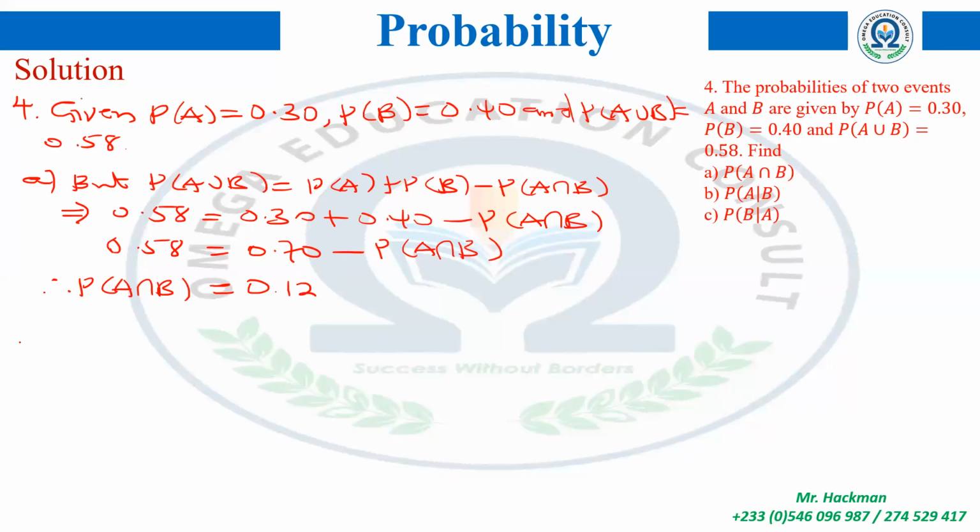So you are through with the A. Then you go to the B. You can conclude straight away, because nothing will interfere. Even with this one, those of you who are smart, and I know all of you are smart, instead of quoting this, someone can equally say that P of A intersection B equals P of A plus P of B minus P of A union B. You make that one the subject.